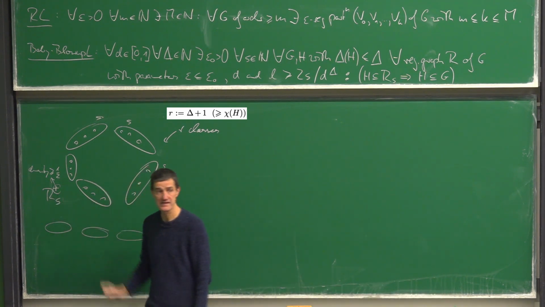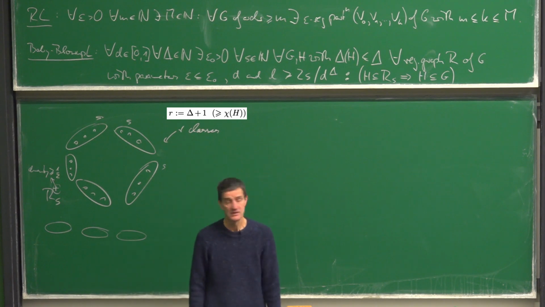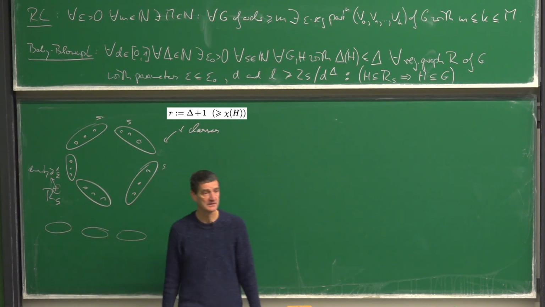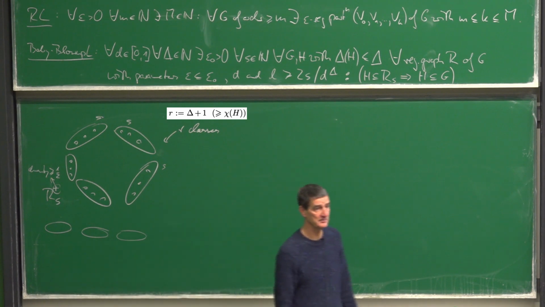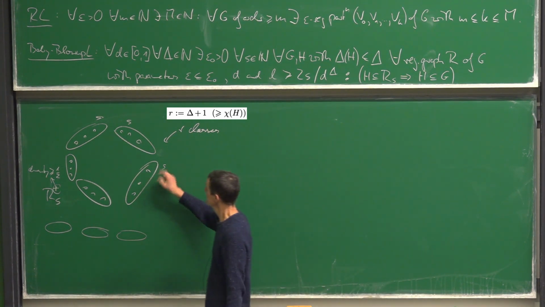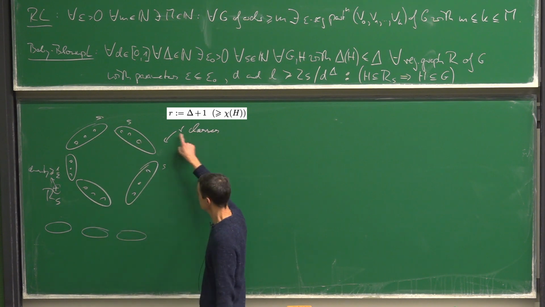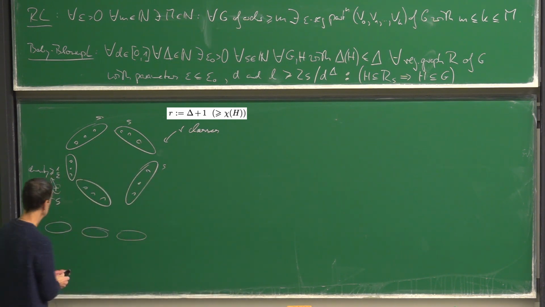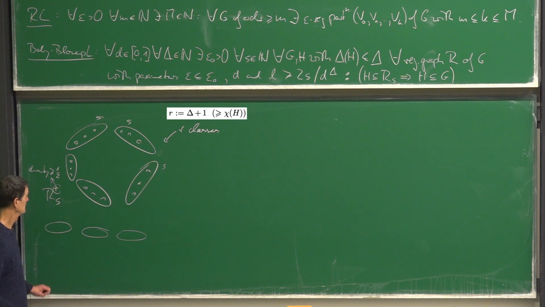So that K_r is a subgraph of R plus, and now we blow up this subgraph of R plus by replacing every node by s vertices. So we get these little r many classes, each of size s, inside R s.